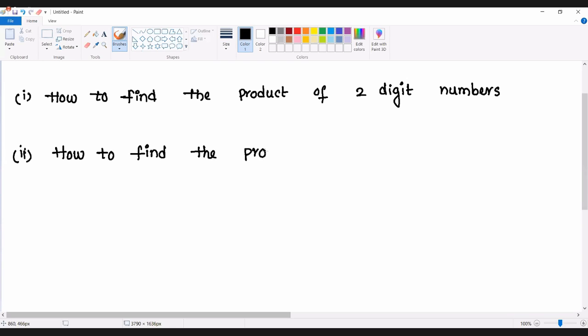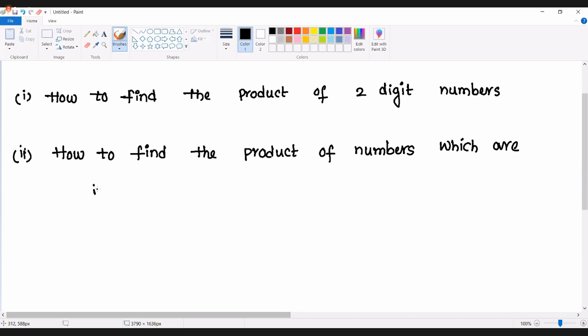How to find the product of the numbers which are ending with 5, or numbers following some property.